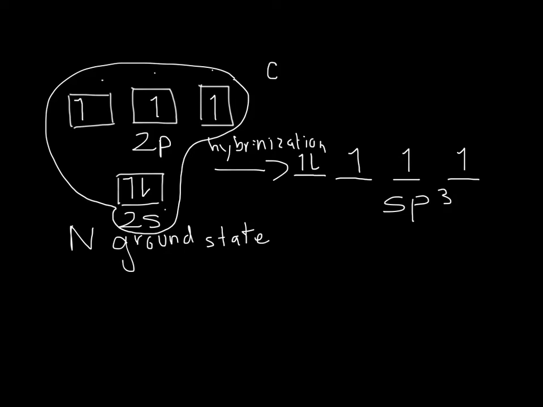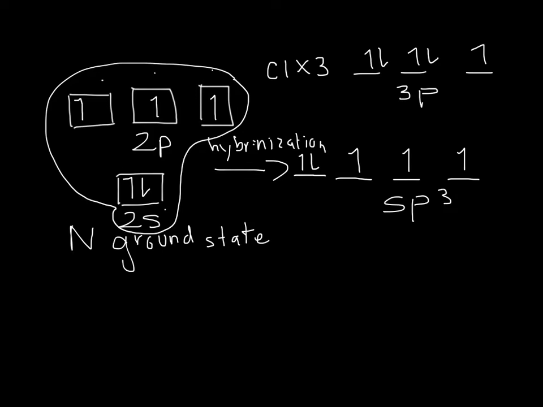For chlorine, we have 3 chlorines, so we're going to multiply this by 3, and the electron configuration of chlorine in the 3p will be 1, 2, 3, 4, 5.